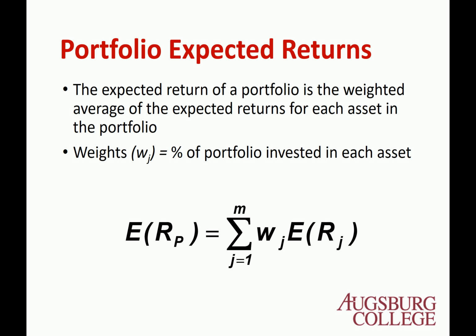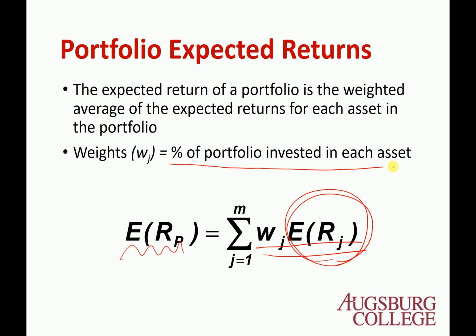If we have the expected return on each asset, then the expected return of the portfolio is simply the weighted average of each expected return. What is the weight? Weight is the percent of the portfolio invested in each asset, which means the dollar invested in a certain asset, here asset J, divided by total investment.